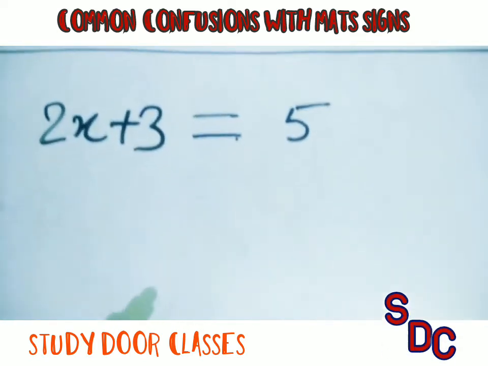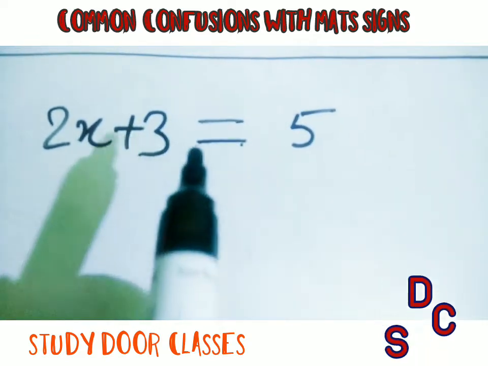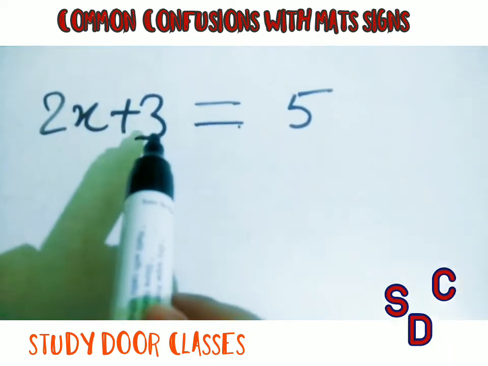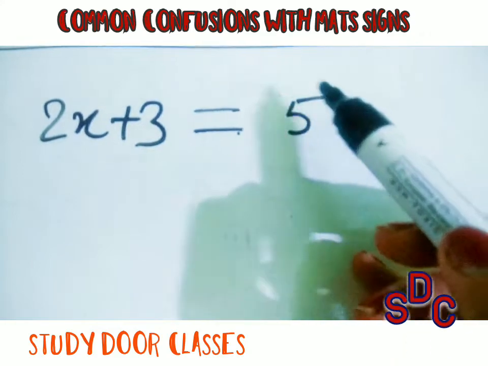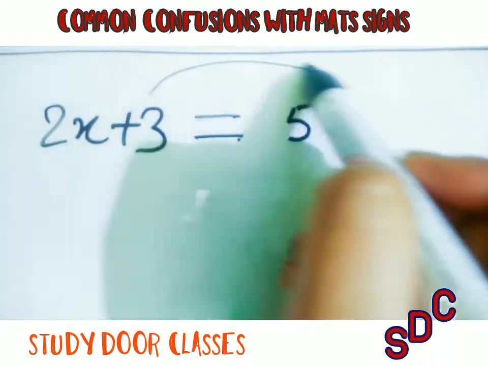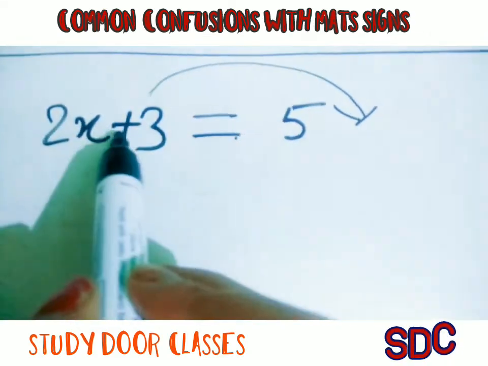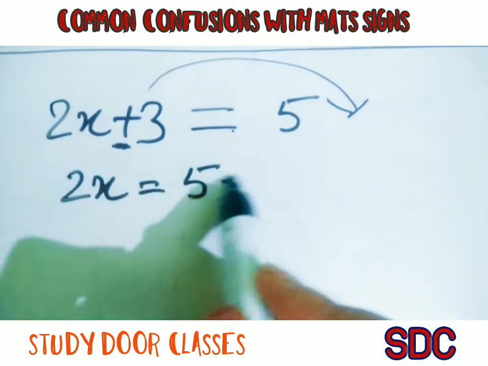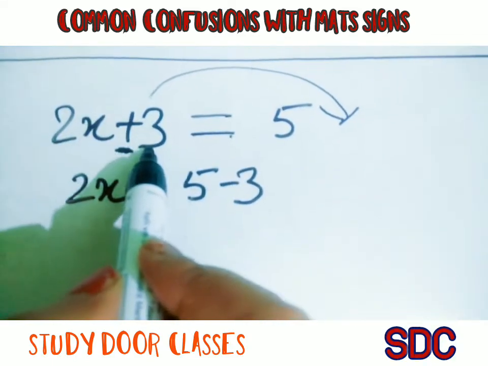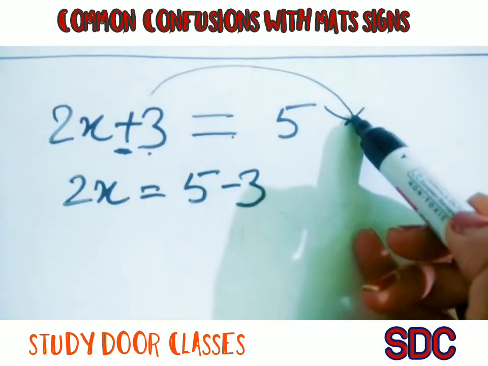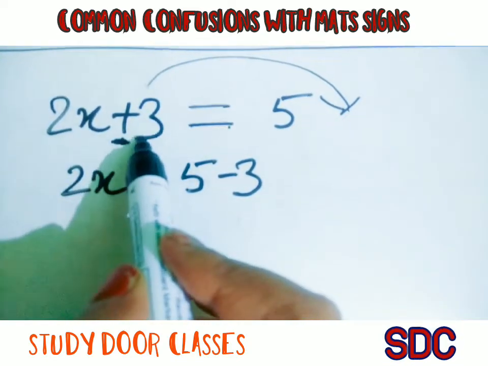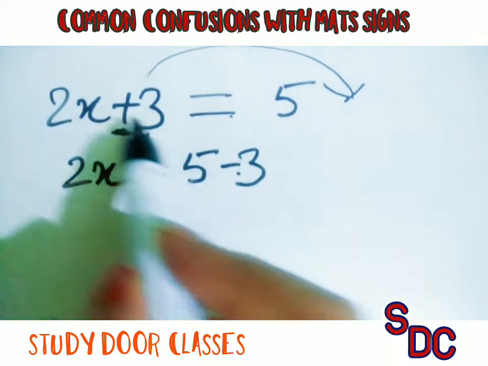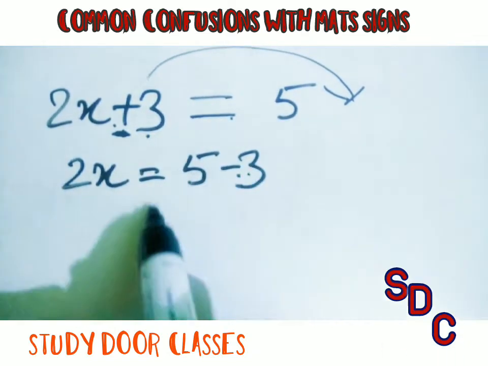You simply have to remember: when a number changes its position and goes to the other side, it will change its sign. So 2x is equal to 5 minus 3. Plus 3 goes to the right hand side, so plus 3 converts into minus 3.